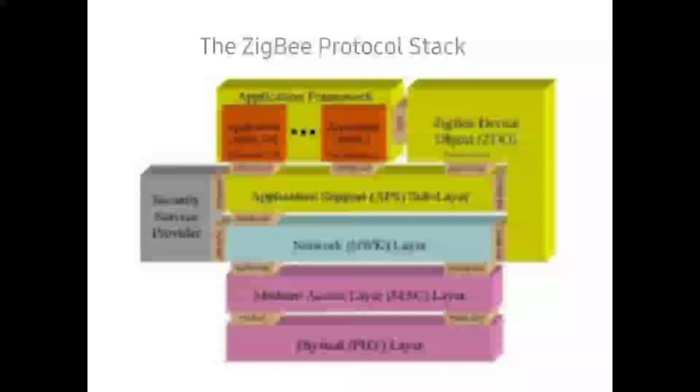Application layer. The top layer in the ZigBee protocol stack consists of the application framework, ZigBee device object, and application support sublayer. Application framework. It describes how to build a profile in the ZigBee stack.